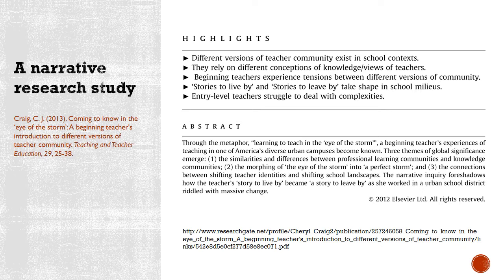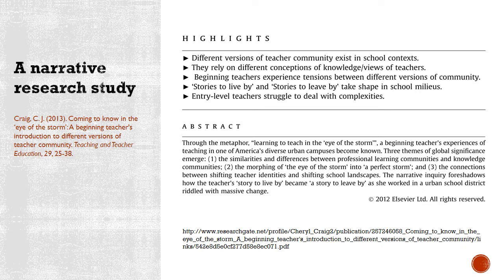This work is by Craig, and the title is Coming to Know in the Eye of a Storm, a beginning teacher's introduction to different versions of teacher community. And we can pick out some key features just by looking at the title and the abstract. First, we can see that the researcher uses a quote, which presumably comes from this beginning teacher, to explain a main takeaway from their work.